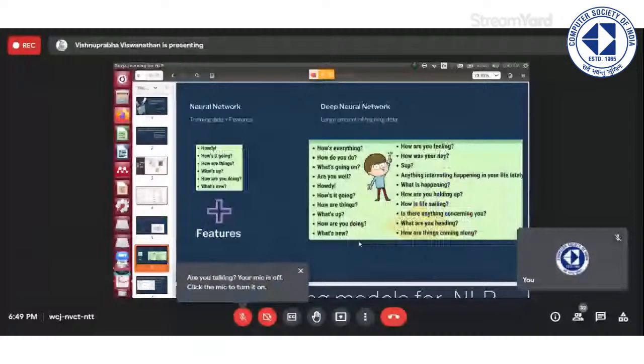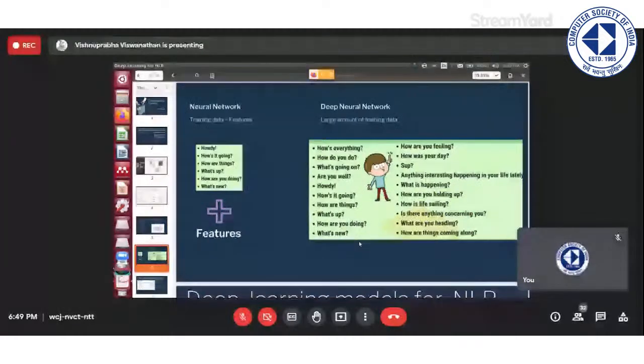Another difference is while training. In case of a neural network, say for example, I have a problem, and the system should identify whether the input is a how are you question or not. There are various ways of asking a how are you question. So the system should identify whether this question is a how are you question or not.